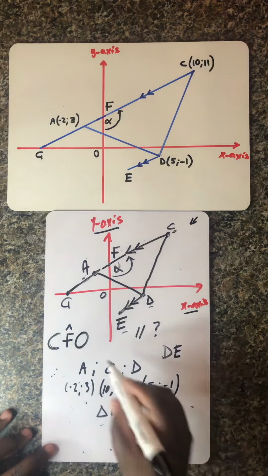Let's say this is that F, this is that C. This is the angle that we are talking about, ladies and gentlemen. What I wanted you to notice is that this angle is actually greater than 90 degrees.